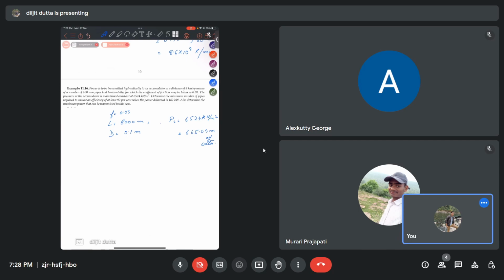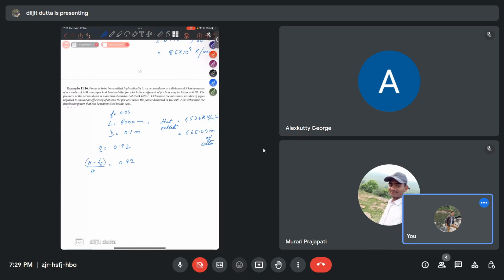Determine the minimum number of pipes required to ensure an efficiency of at least 92% when the power delivered is 162 kilowatt. Efficiency is 0.92. So if efficiency is 0.92, this is given by the formula H minus HF by H. Now H minus HF is the head at the accumulator, so this is the outlet head.